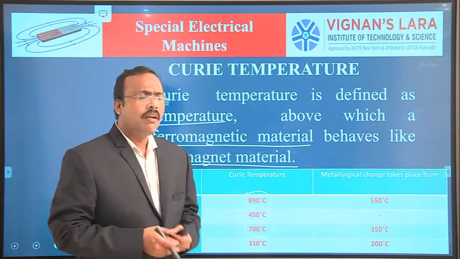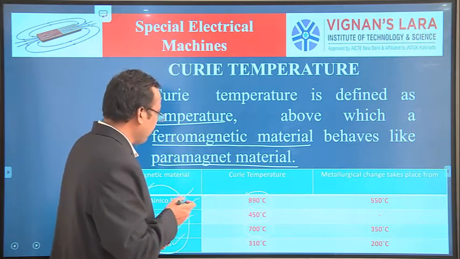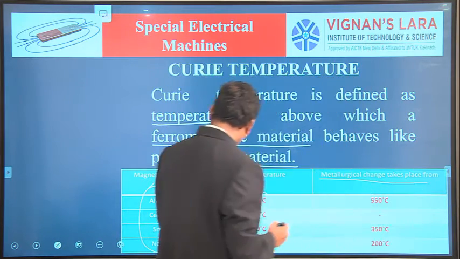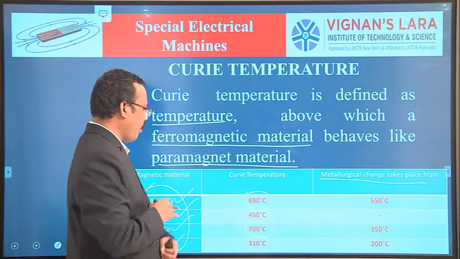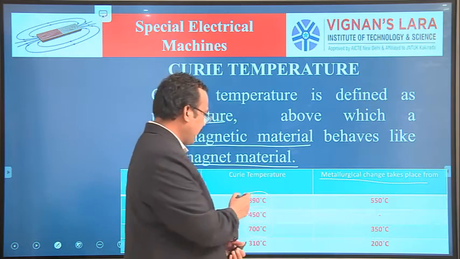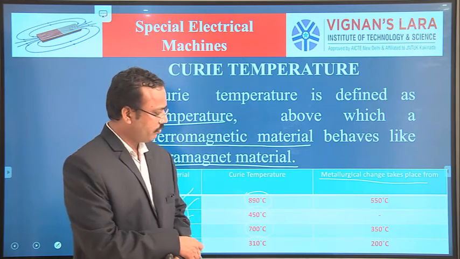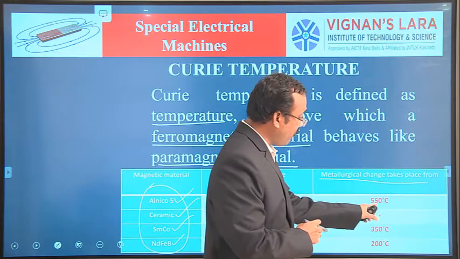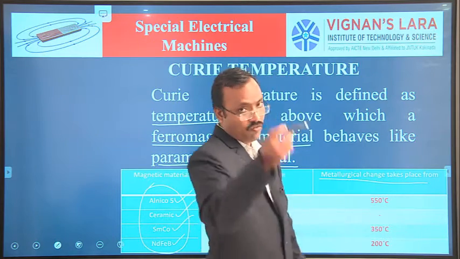Metallurgical changes take place; suppose we consider the all-nickel magnet. The Curie temperature of the all-nickel magnet is 890 degrees Celsius, but it changes behavior from 550 degrees Celsius onwards.